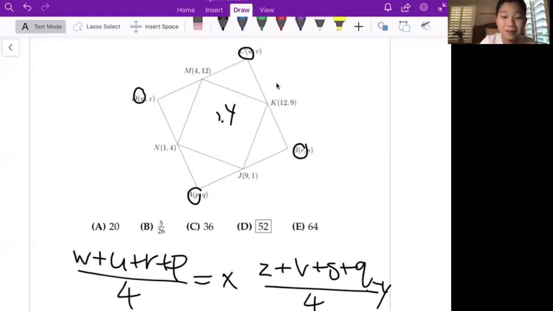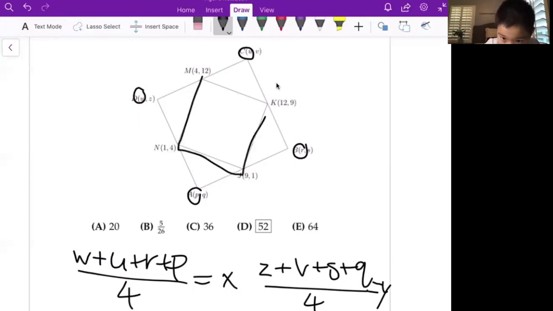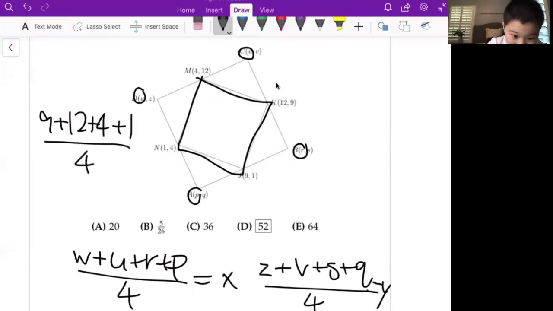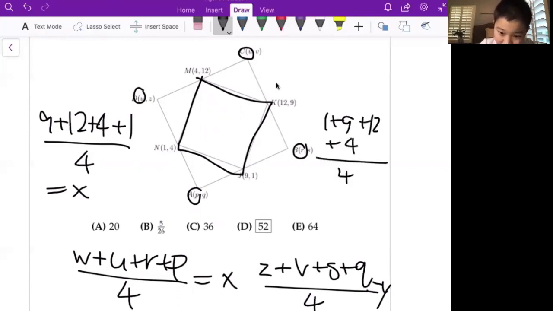But then what else equals x and y? Well, we can also use the vertices of the other smaller square as an equation. 9 plus 12 plus 4 plus 1 over 4 equals x. And then the y-coordinates, 1 plus 9 plus 12 plus 4 over 4 equals y.